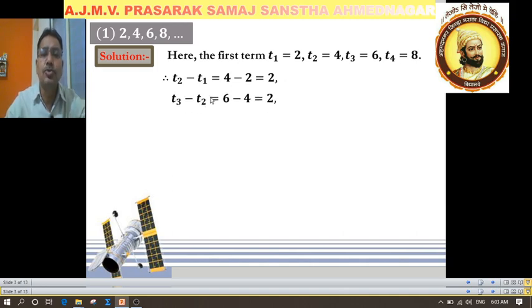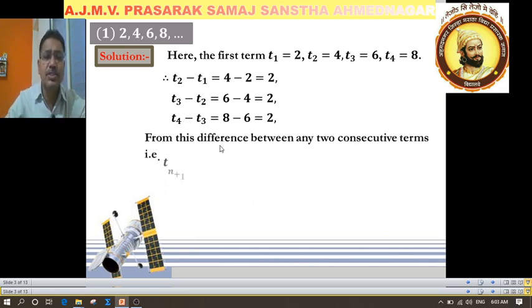T3 minus T2 is equal to 6 minus 4, which is also 2. The difference between the fourth and third term, that is T4 minus T3, is equal to 8 minus 6, which is equal to 2. So see here, the difference between any two consecutive terms, that is Tn plus 1 minus Tn, is equal to 2.